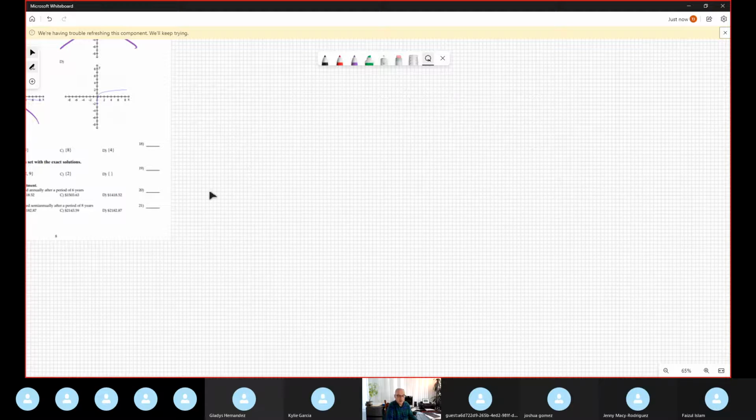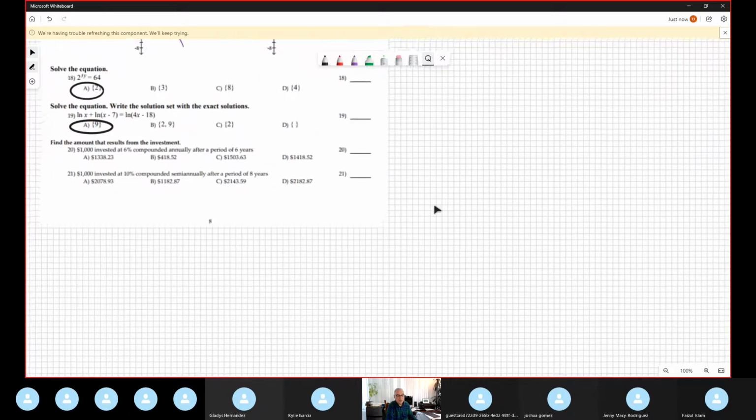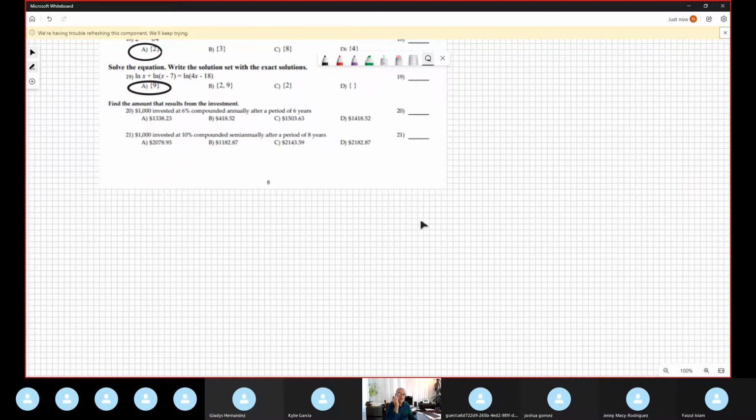Let me read the problem and copy the information that's given, and after I try to select the proper formula, we shall find the amount that results from the investment. So we have 1,000 invested at 6% compounded annually after a period of 6 years. Of course, can you find the future value?